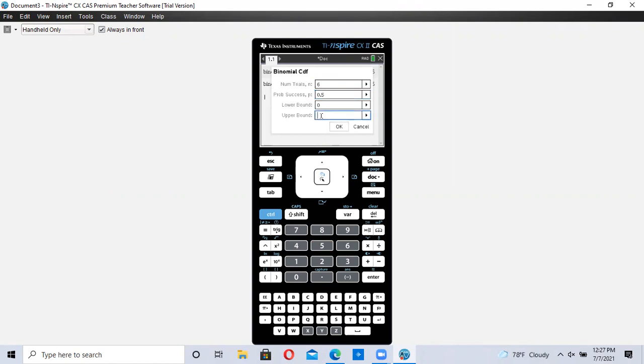And we're going to do fewer than 4, which means X minus 1, 4 minus 1 is 3. Fewer than 4 is 3 or less, between 0 and 3. You see the 0 on there automatically. So when I hit OK, there's my probability.